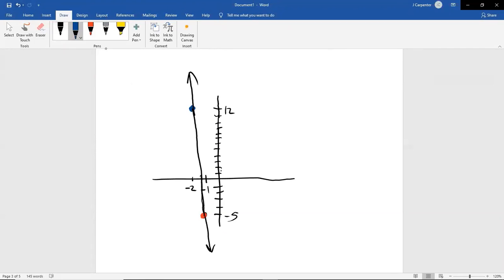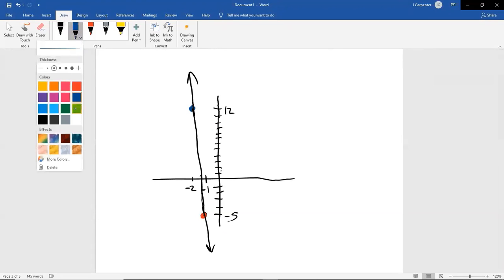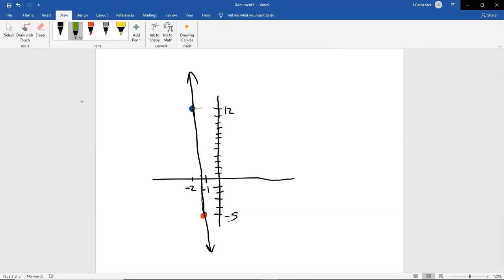So we can see that from this point to this point, we're going to go right 1, which is not very far. Let's just pick another color. Let's go with green. We'll go right 1 and then down 17, from 12 all the way down to -5. That's a 1, and that's going down 17.